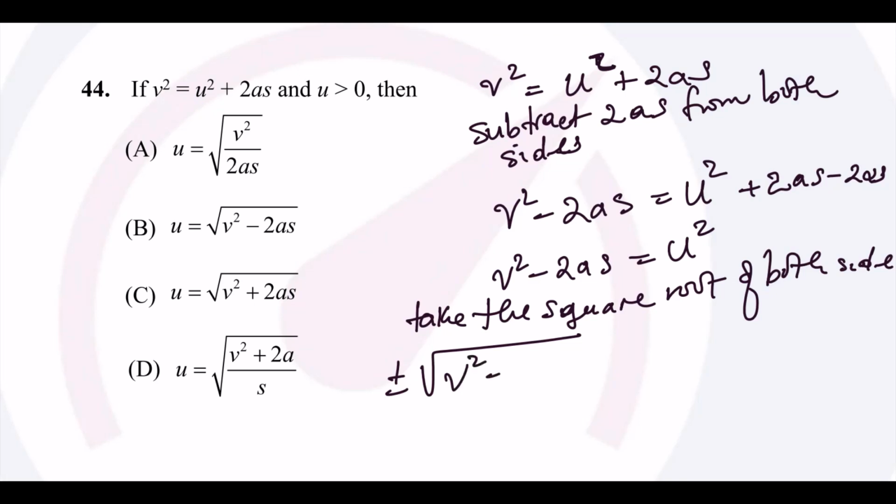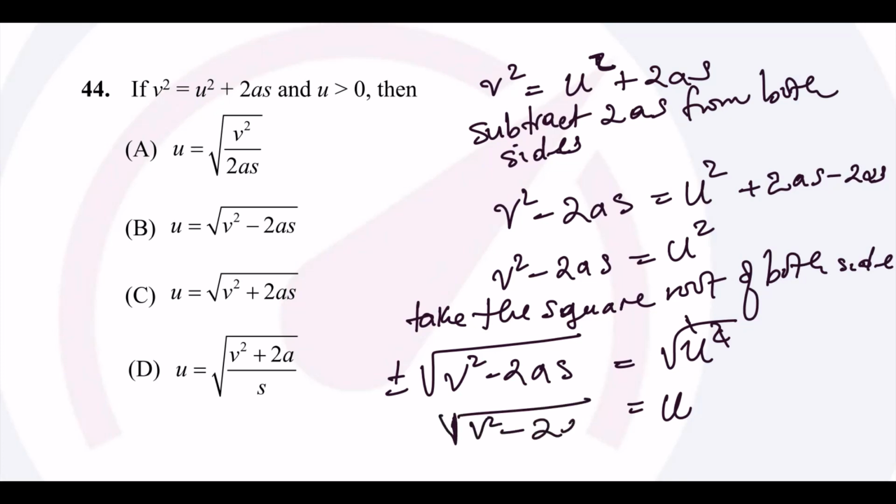So let's show the square root being taken overall. The square and square root cancel out each other. So we have U to the power of 1, same thing as U, which is equal to the square root of V squared minus 2AS. And that matches with B.